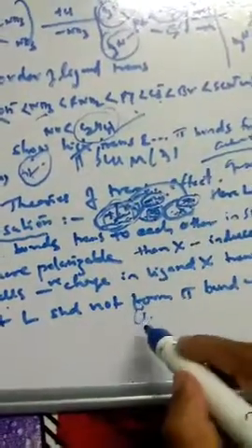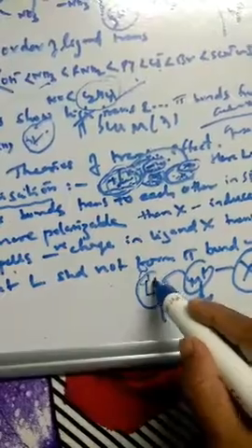The condition here is that the L ligand should not form a pi bond with the metal. This is a limitation: the ligand attached to M, trans to X minus, should not form the pi bond. That's why this is called the polarization theory, but it is incomplete because it does not consider the formation of a pi bond with the ligand.